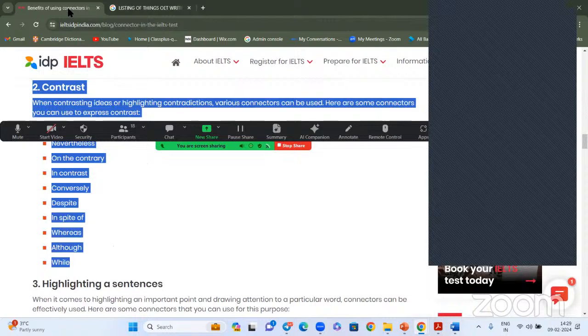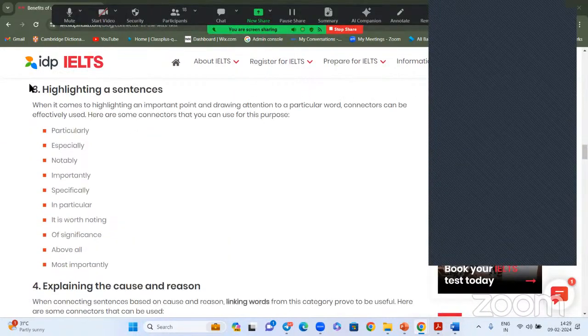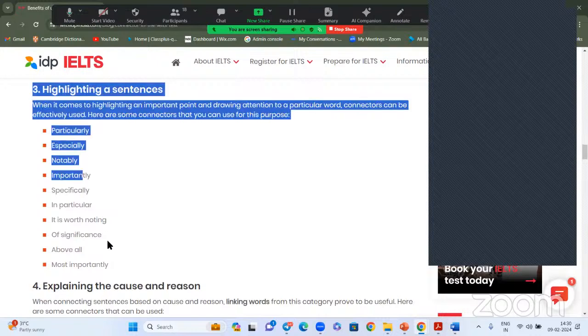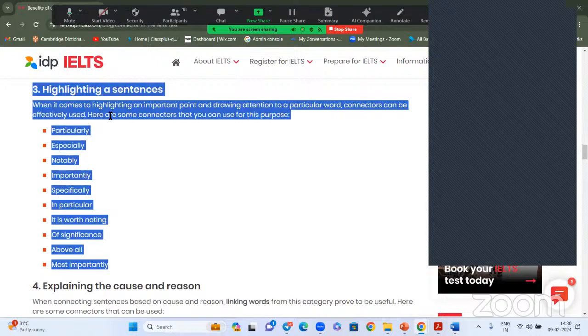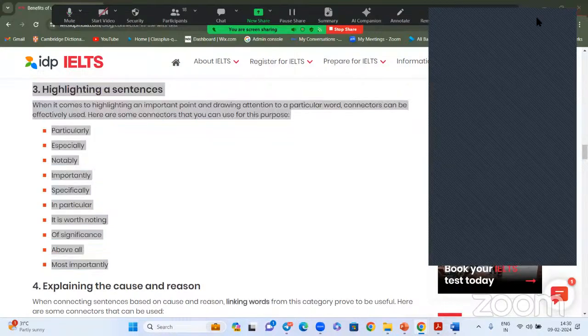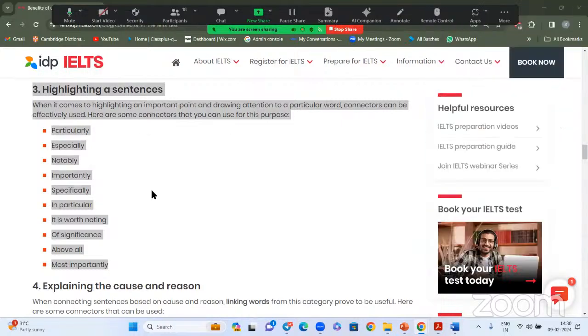So the next one is highlighting a sentence, highlighting words. These are very, very important words. Whatever I am going to give you now, try to use these words in your OET letter. Most of these words I have already told you a number of times.